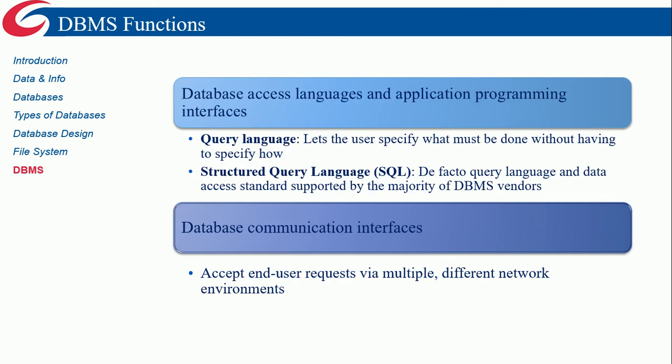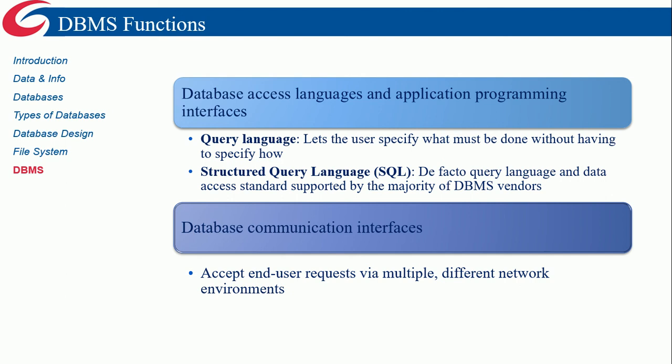Database access languages and application programming interfaces. So basically a database management system gives us a common language that applications can use to interact with the database engine. What we're going to learn about in this class, and some of you may have learned about this already in our CISM 167, is SQL, or the structured query language. So SQL is the de facto standard language we use to interact with the database.